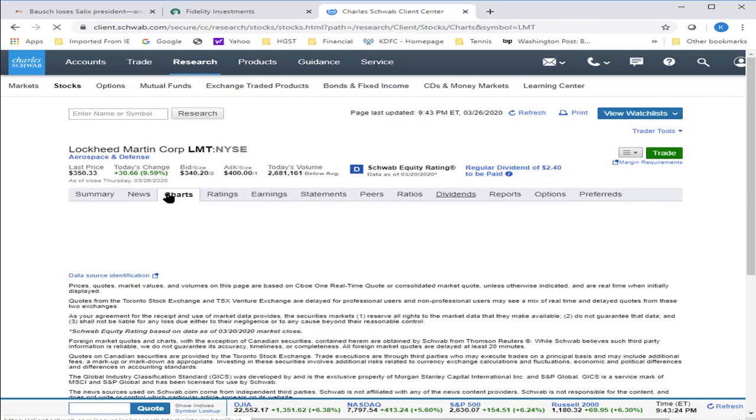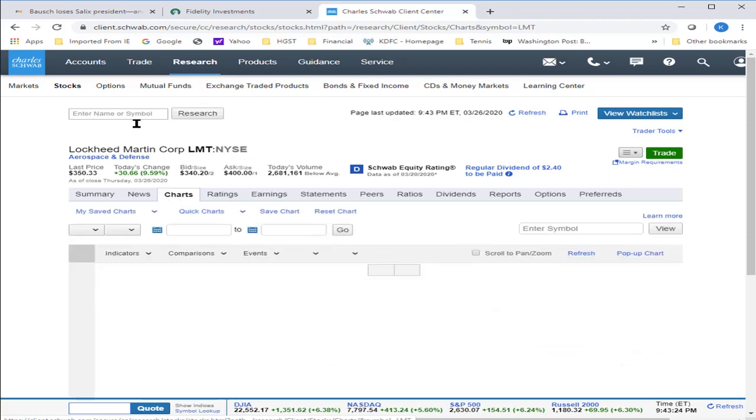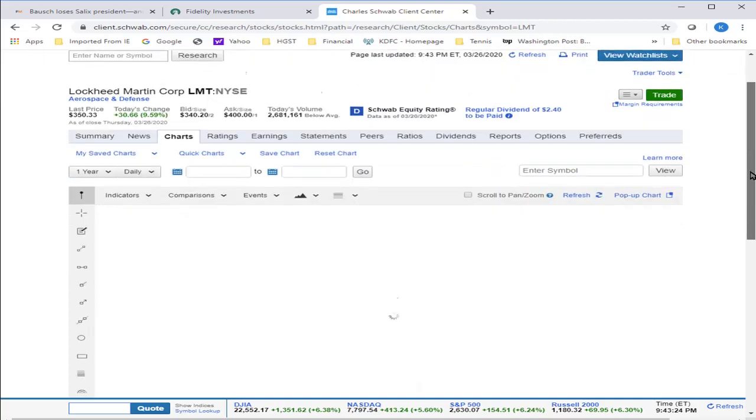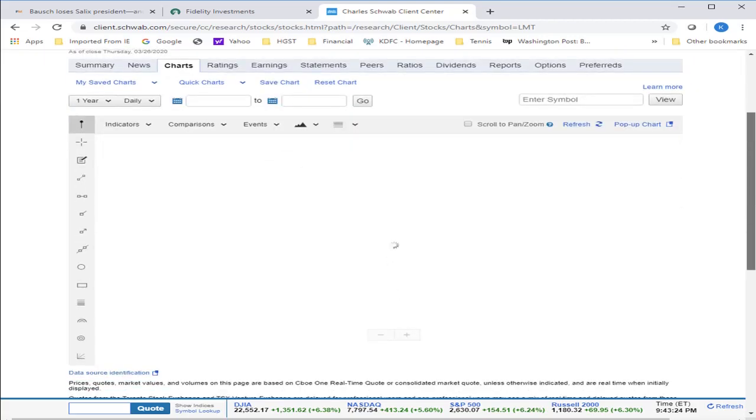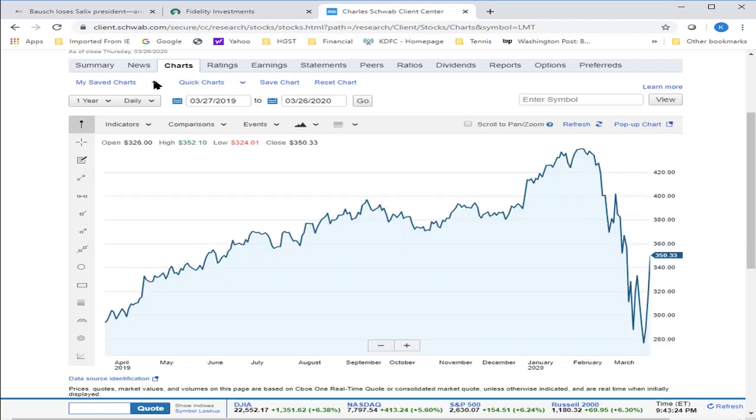As you see, Lockheed Martin comes up, and you can see the various other things you can look at, the summary, the news, etc. And this specifically is the chart. If you do company research, you can also come in, see all these selections, and pick chart. In here you have potentially different kinds of charts that you can save.